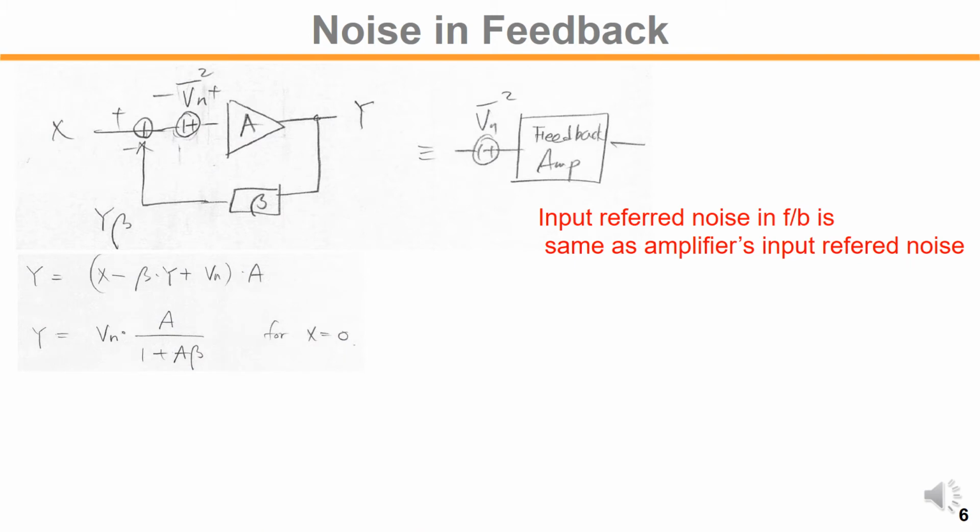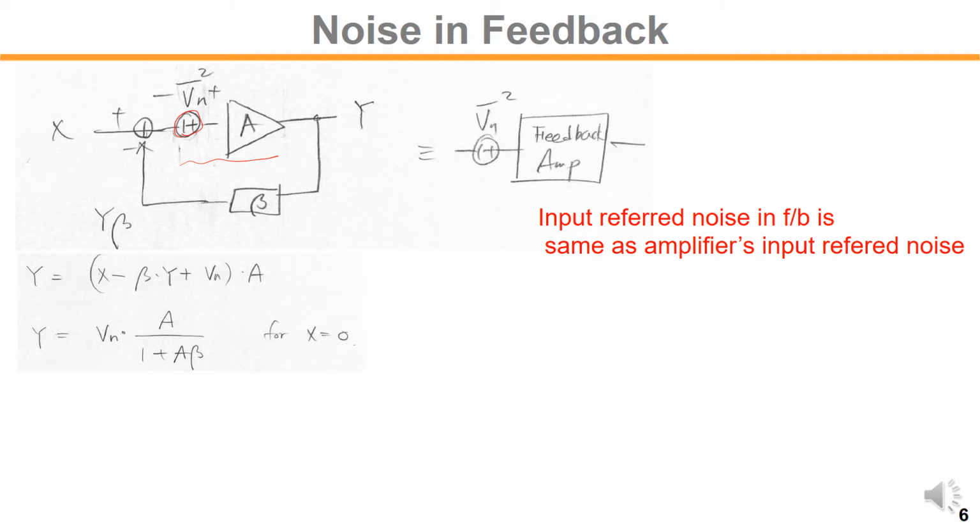Now let's take a look at the impact on the noise. As you can imagine, the amplifier input reference noise voltage is modeled like this, right? Now let's try to find the transfer function from x to y.